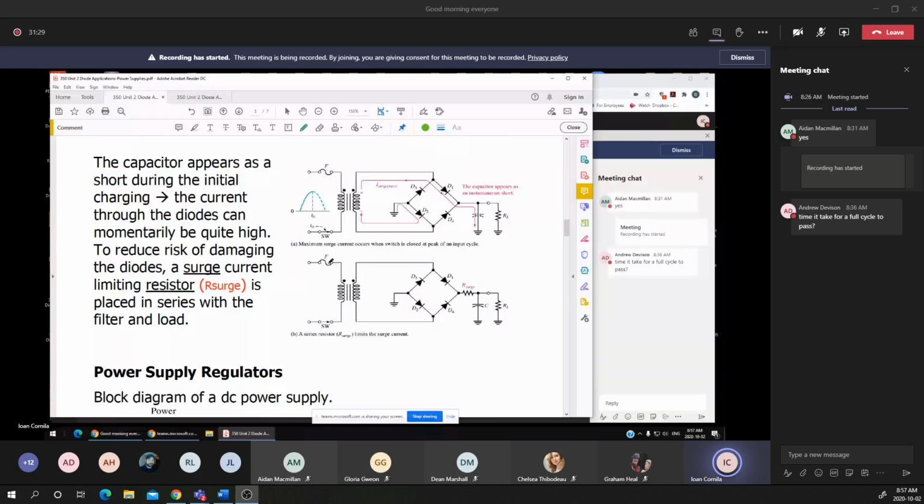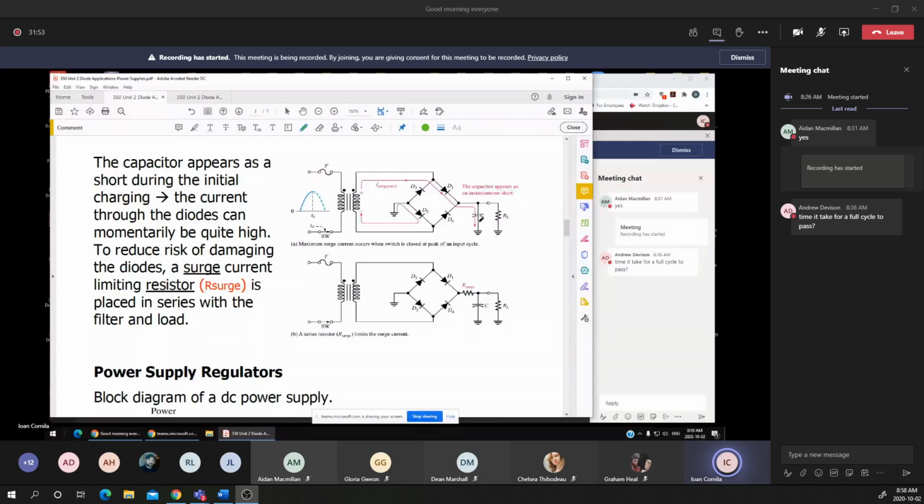Now, just a small observation in this circuit. You notice that when we are connecting the transformer with the bridge rectifier, if you remember, we talked about the charge current.